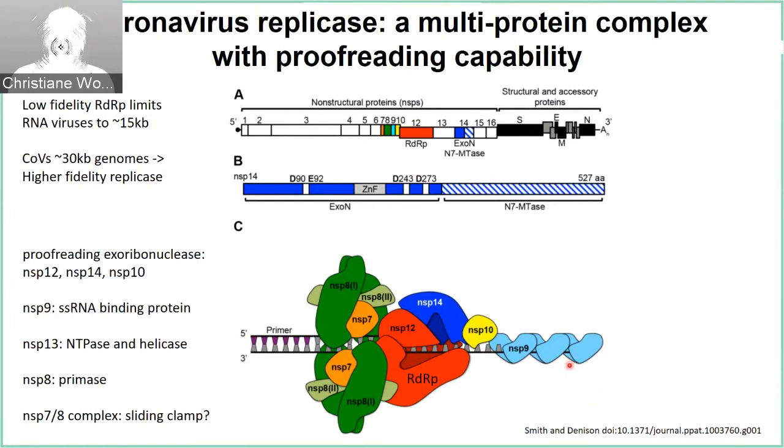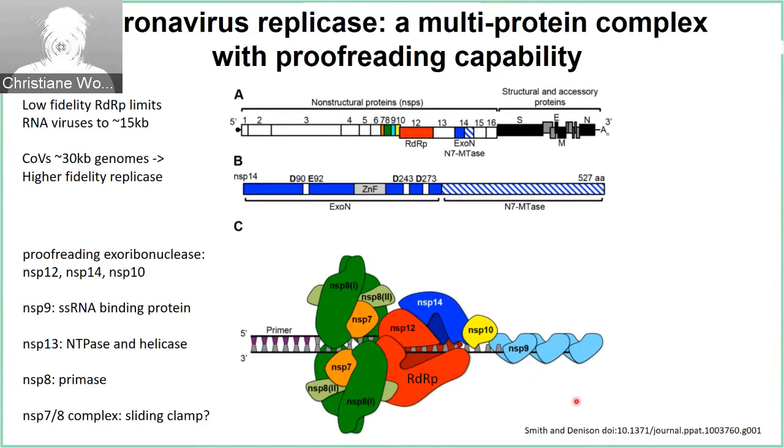And it includes several of the other non-structural proteins, which actually form a complex that has similarities with the DNA-dependent polymerases. For example, NSP9 is a single-stranded nucleic acid binding protein, and then NSP7 and 8 might form something that looks like a sliding clamp.